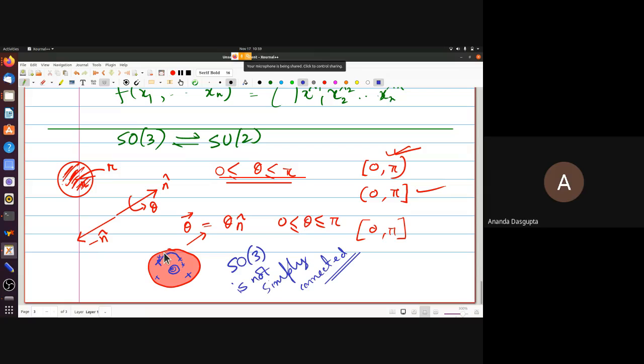But there's one more thing. Suppose you had a loop like this in SO3. Let me just erase a bit. Okay, so this is a loop that I've drawn. That, by the way, is going all the way around the parameter space.